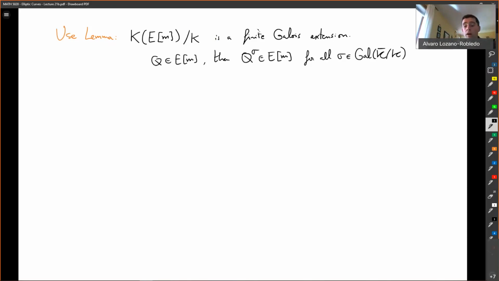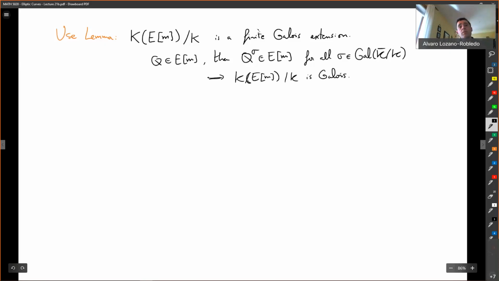And therefore, K(EM) contains all the possible conjugates of elements of that extension, and that shows you that the extension is Galois. That this extension, which contains all the possible M torsion points, is Galois.